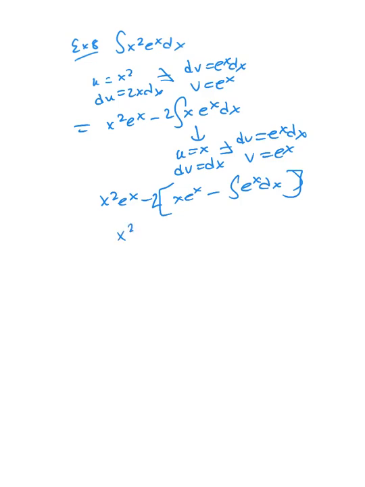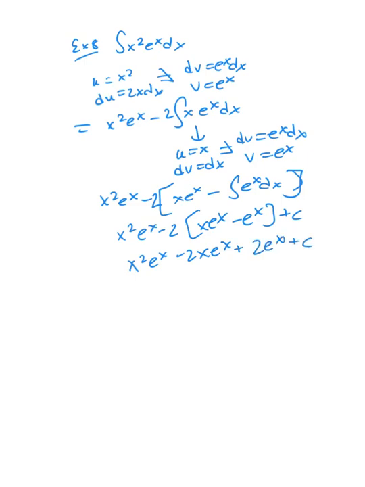So that gives me x squared e to the x minus 2x e to the x, and the integral of negative e to the x is negative e to the x plus c. So I get x squared e to the x minus 2x e to the x plus 2e to the x plus c. Oh, that was tedious.